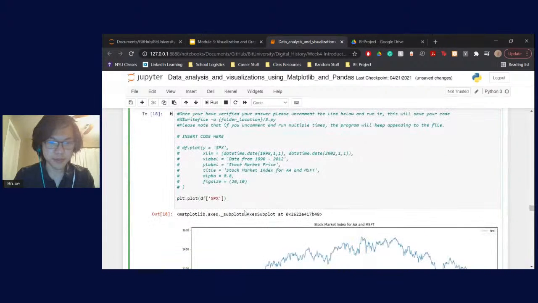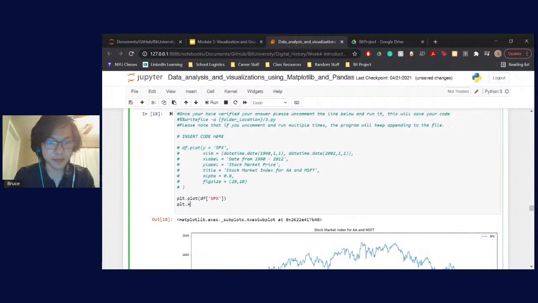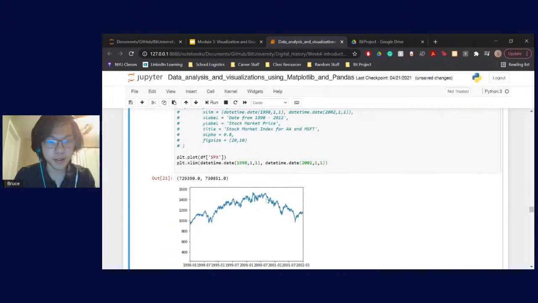Xlim. plt.xlim, and then we want to pass in the start. The start is still our datetime from 1998 to datetime, not date, 2002. And recall, notice here that we're not actually passing in a tuple, we're just passing in two different values. There we go.